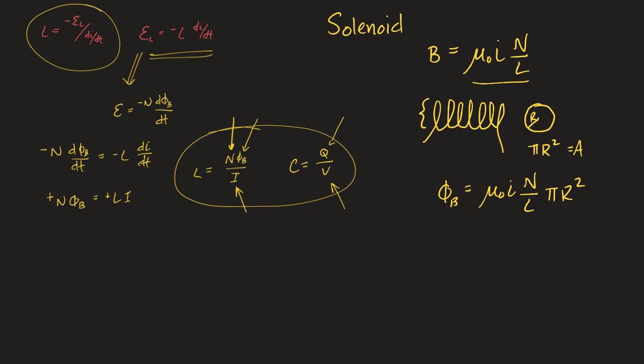So if I want to calculate the inductance of a solenoid, I take the number of loops, I take my magnetic flux, and I divide by the current powering the solenoid.